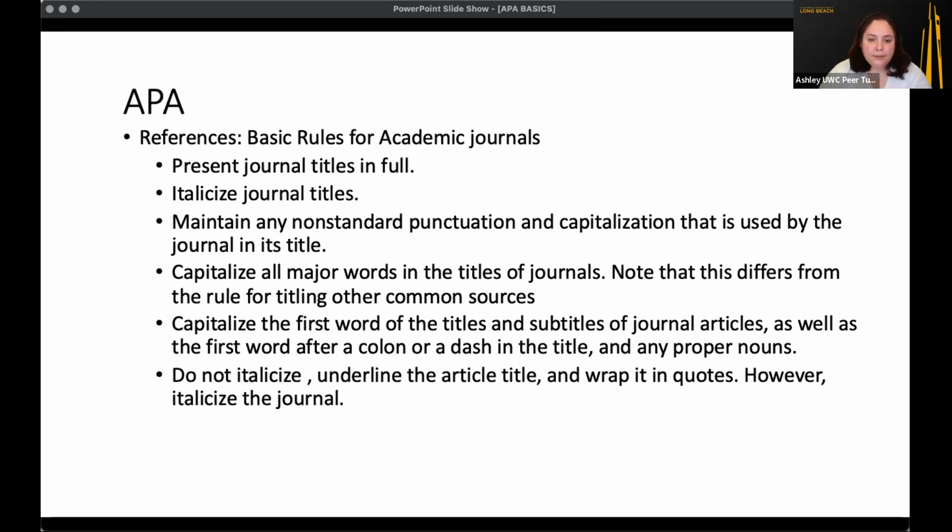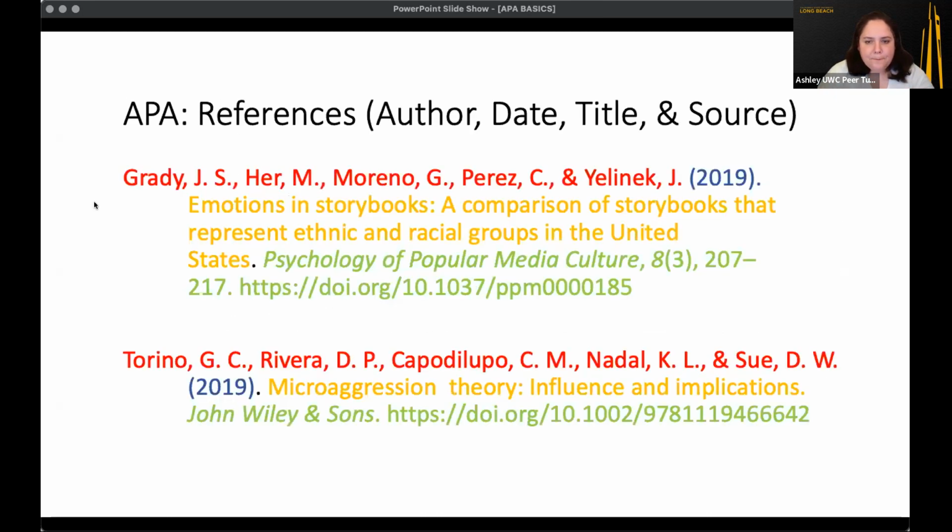Capitalize the first word of the titles and subtitles of the articles, and don't italicize, underline, or wrap the article title in quotes. However, you do italicize the journal, and I believe we do have an example right now.